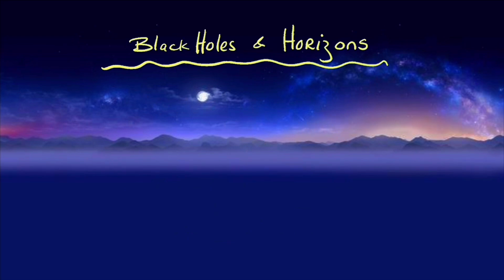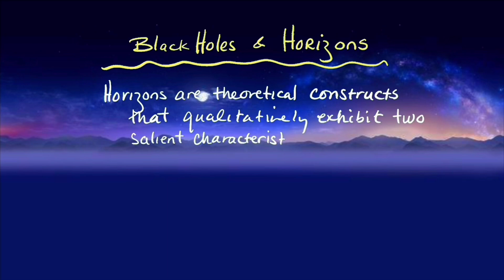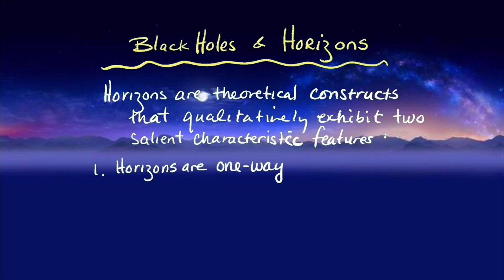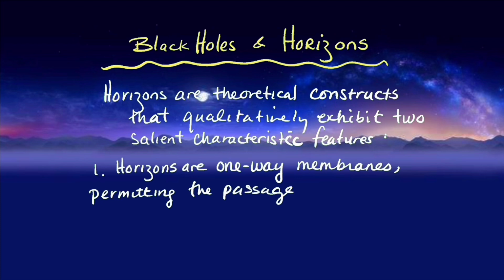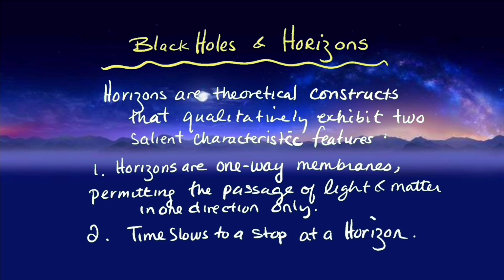That brings us to black holes and their horizons. Horizons are theoretical constructs that qualitatively exhibit two salient characteristic features. 1. Horizons are one-way membranes permitting the passage of light and matter in one direction only. 2. Time slows to a stop at a horizon.